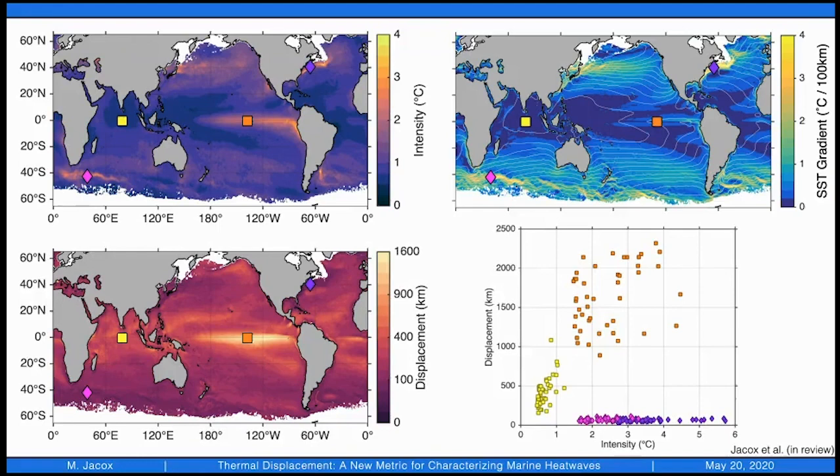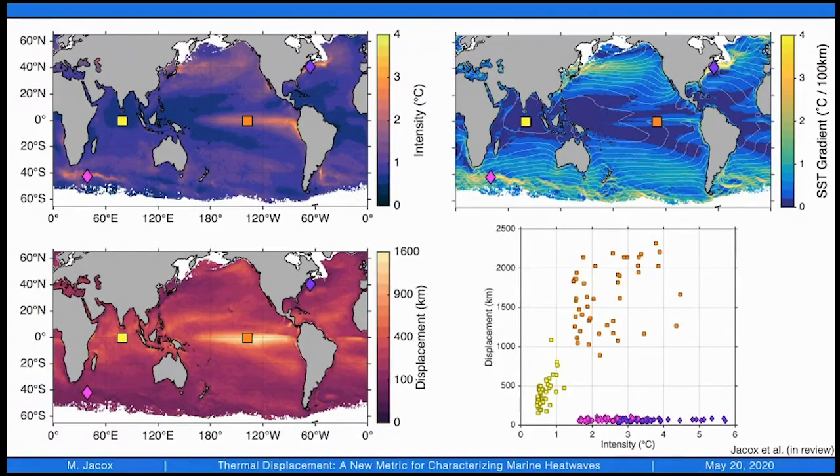And then the last examples I wanted to pull out are actually eastern boundary current systems, which are an interesting case study because due to the coastal upwelling in these regions, you have strong SST gradients, but they're also cold refugia. There are strong SST gradients, but the cold waters near the coast are surrounded by warm.